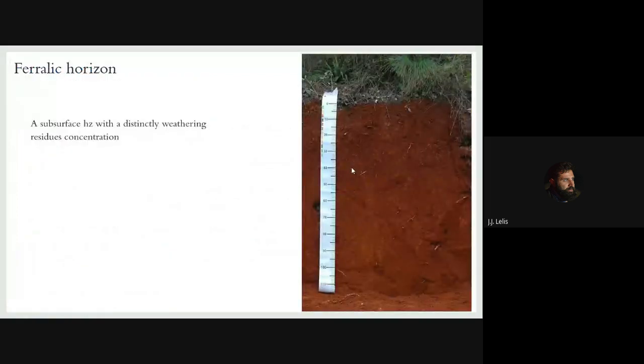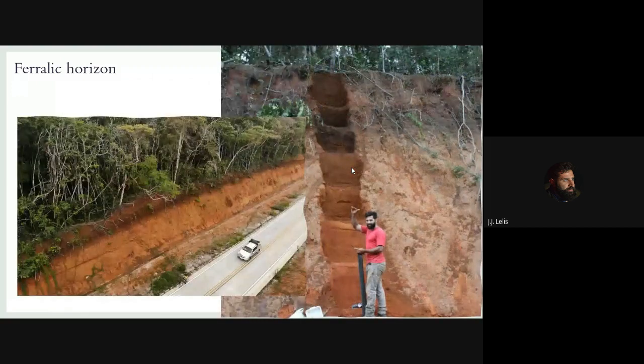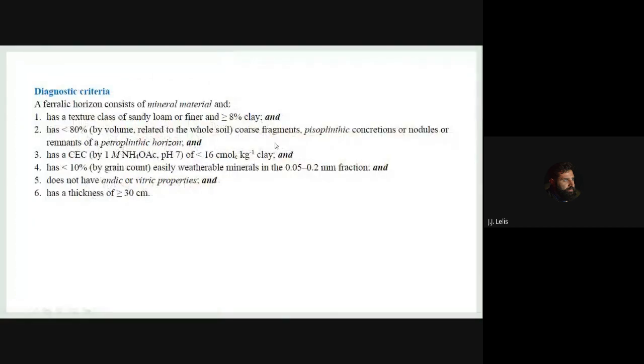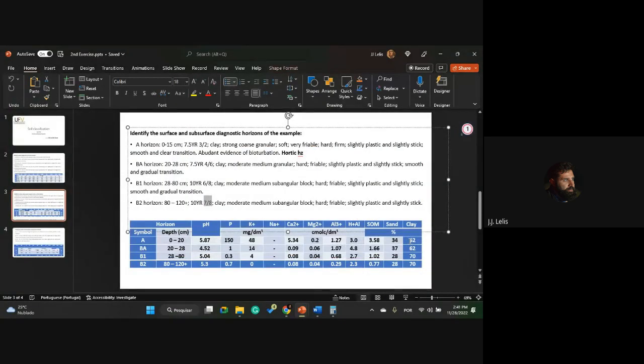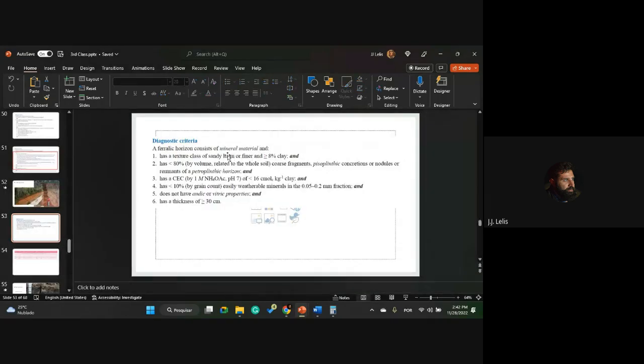Okay. And the ferralic horizon, let's see. The ferralic horizon possesses a texture class of sandy loam or finer and a clay content that is equal to or higher than 8%. So in this case, we have 62% of clay, so it's quite high. And we have a clay texture class finer than sandy loam.